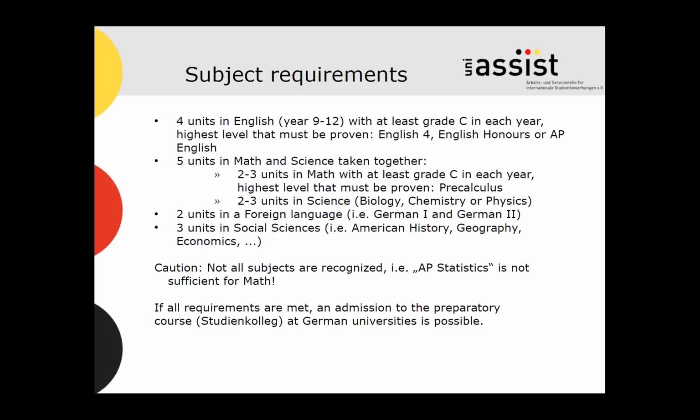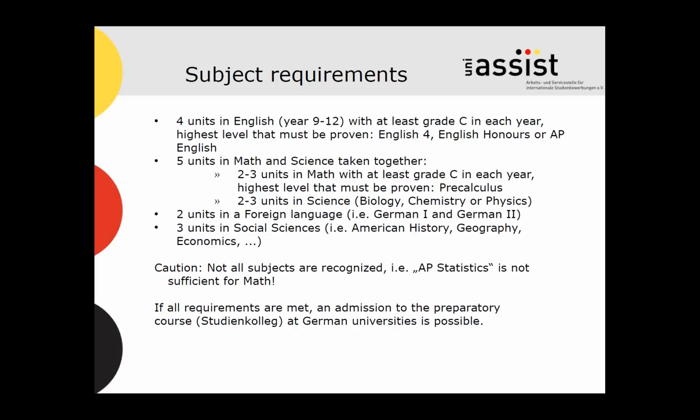Then we need 2 units in a foreign language. It can be, for example, German. But applicants who only passed German, who just came to the United States for the last 2 years to take classes in high school, have to take another language.